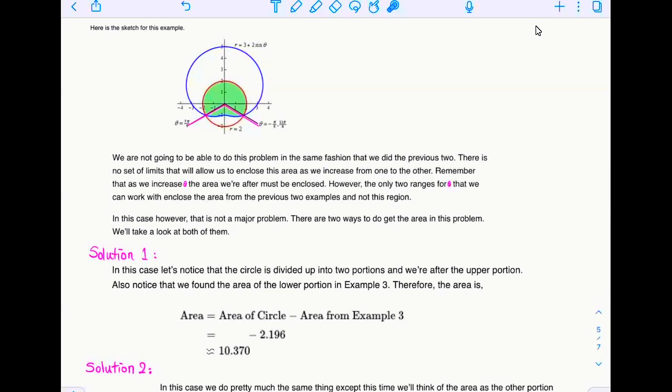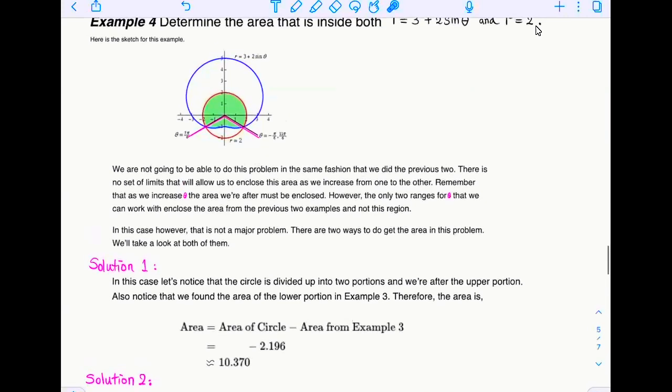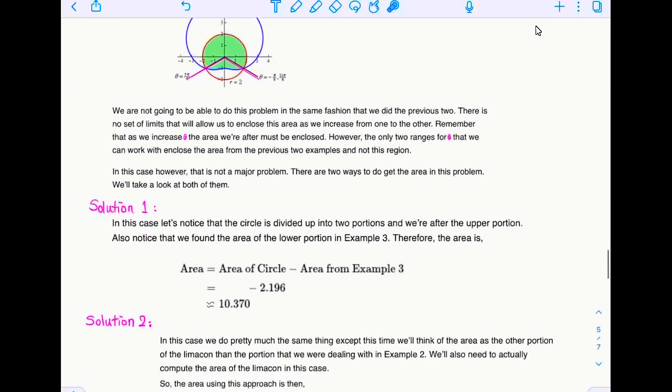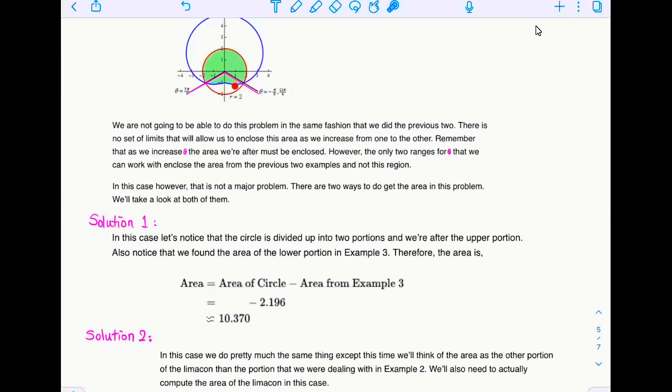We can use some results that we have calculated before. One way is to find the area of this whole circle right here, and then subtract this white area. The circle minus this white area is this green area. The white area we already got from example 3, which is this.